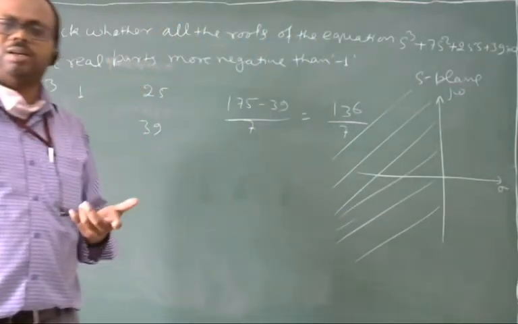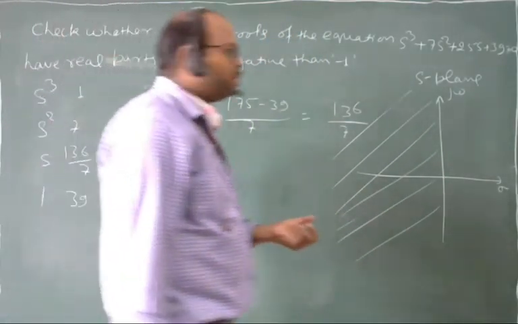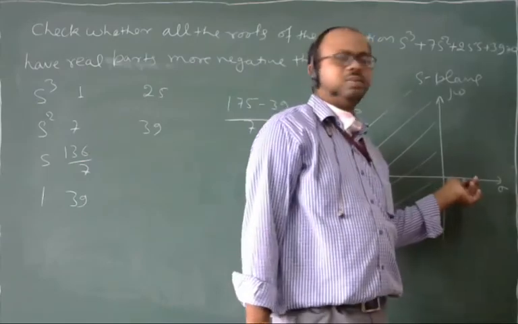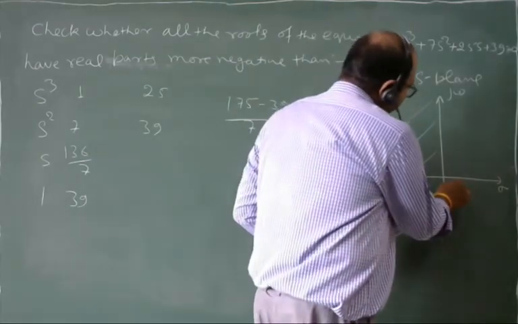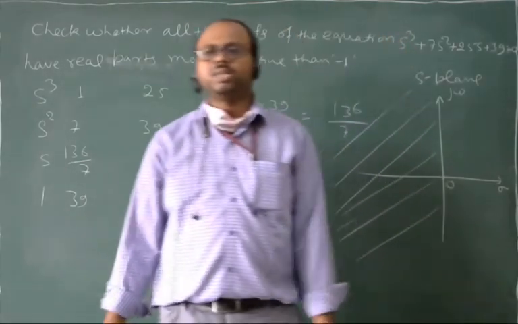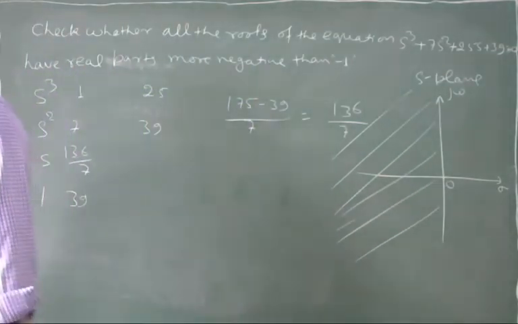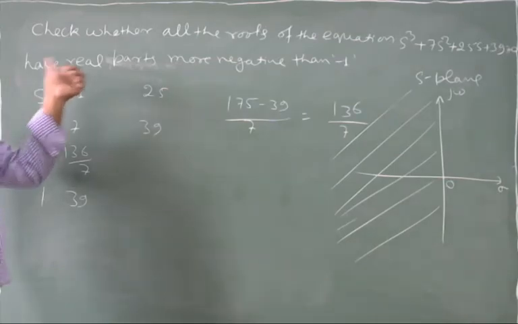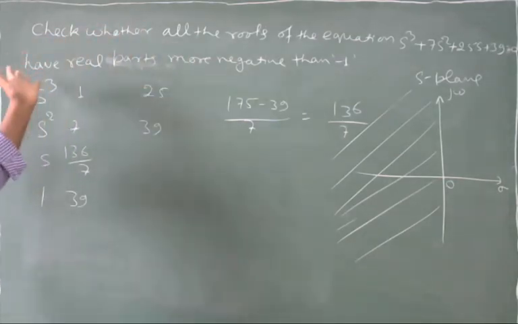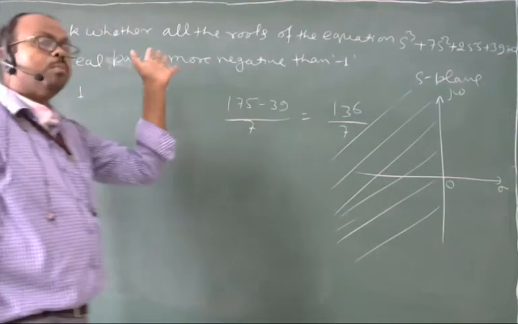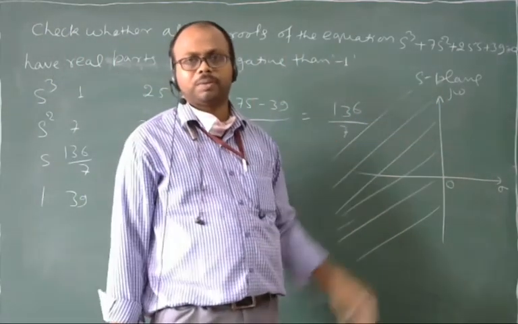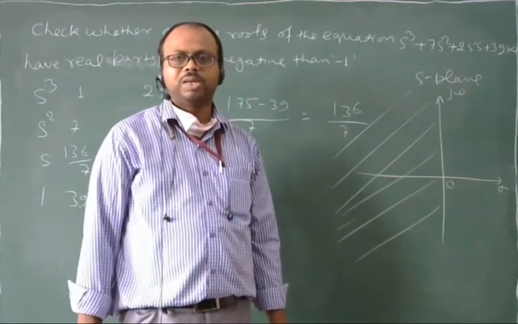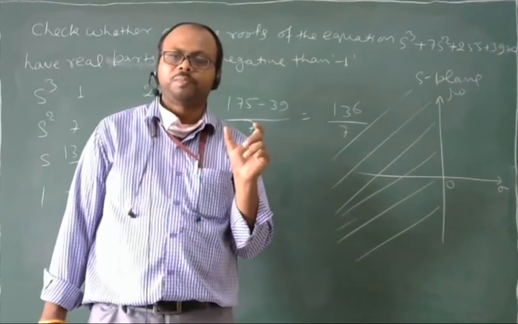And what is our origin? Our origin is at 0, right? And what is the question? The question is, check whether all the roots of this equation have real parts more negative than -1. Right? More negative than -1.